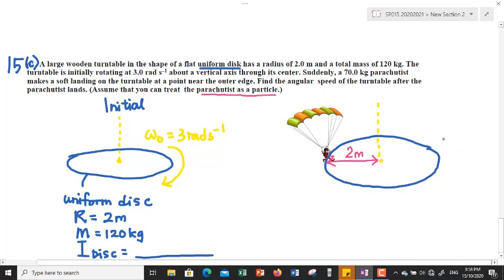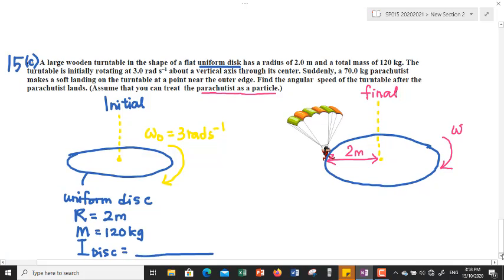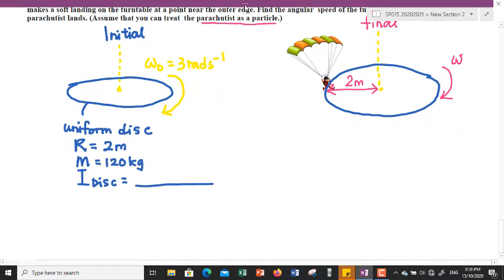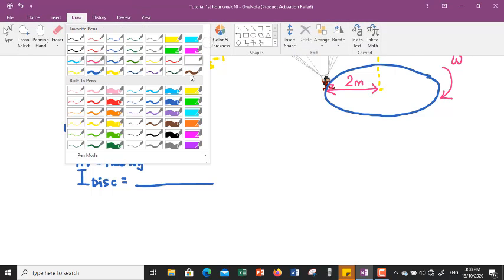So we want to find the angular speed omega after the parachutist lands. After the parachutist lands on the outer edge, we consider that as final. Okay, final. So what concept do we apply here?